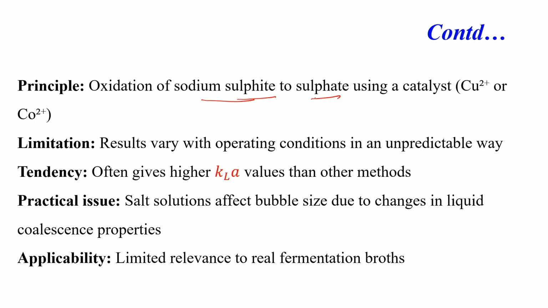The sodium sulfide is converted to sulfate using a catalyst, copper or cobalt, and it combines with oxygen to convert to sulfate, and here the results vary with operating conditions depending on the rate of oxygen transfer as well as the supply of oxygen. Typically it can give a higher value of KLa as compared to the other methods.